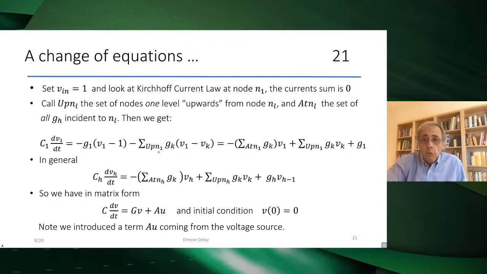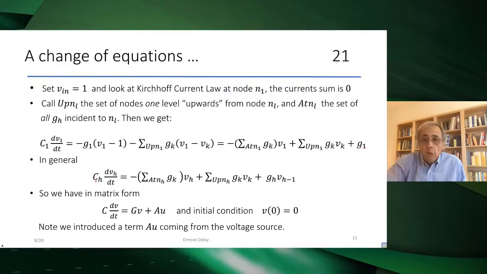Now we look one up. That's where it says up from the node, the difference in voltages. And if we expand this G1, we add it here, we get all the conductances at the node times this voltage, and we get all the ones up, and we get this extra term G1.